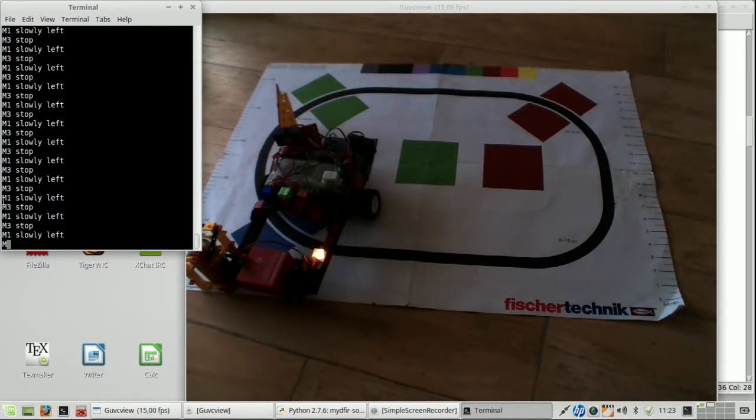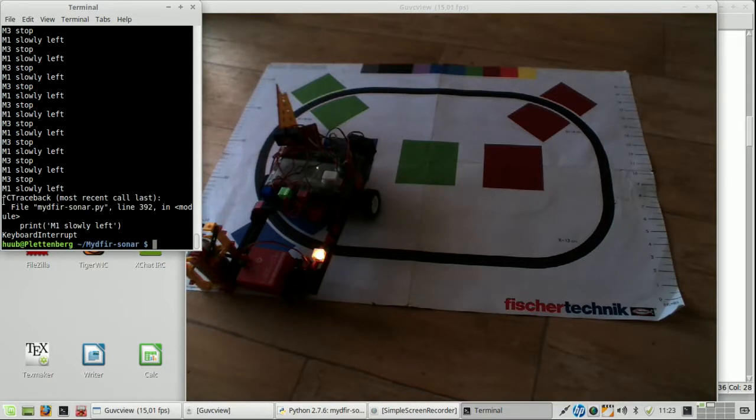Getting stuck. Totally getting stuck. Oops. And there's hardly anything that I can do about it. Or can I?